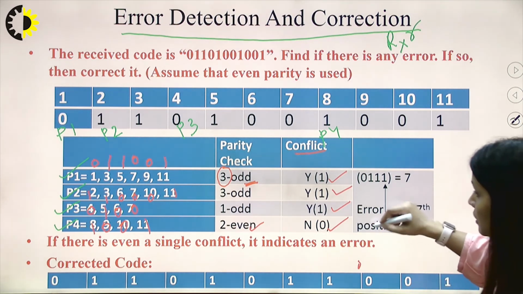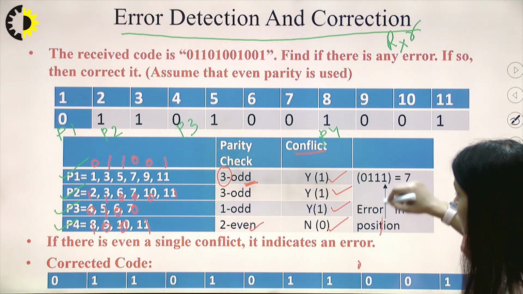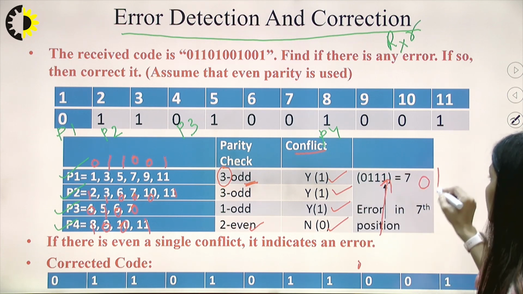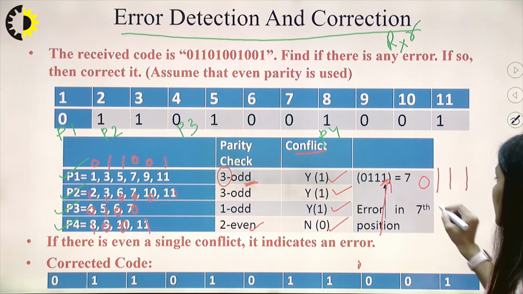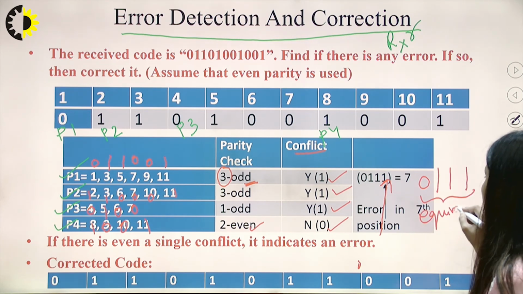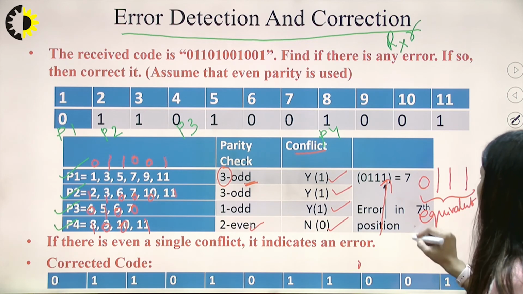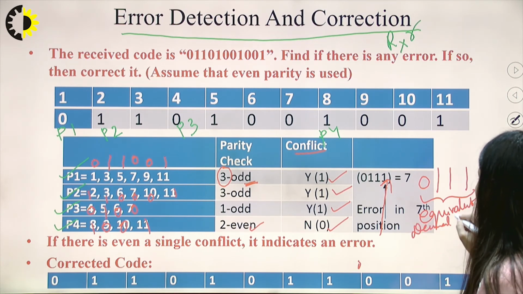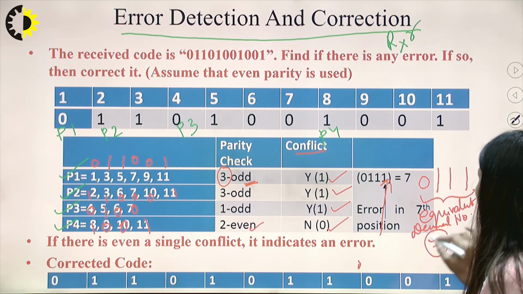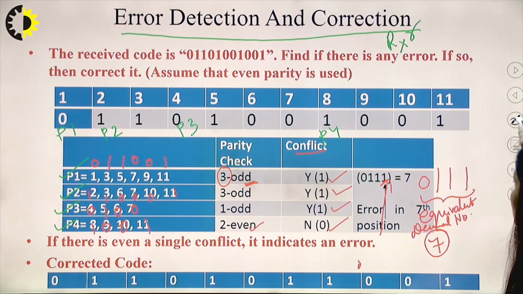Now it will write like this, starting from here, 0, 1, 1, 1, and it will calculate its equivalent decimal number, okay, that is 7.